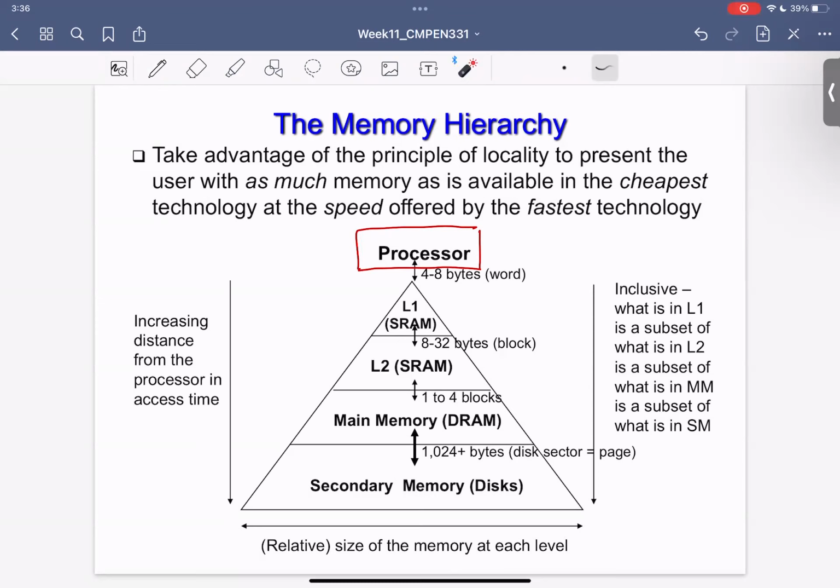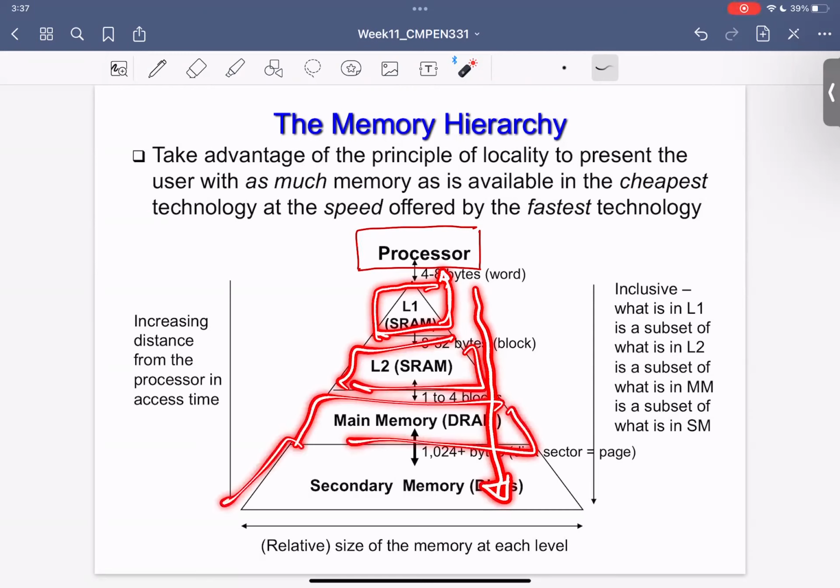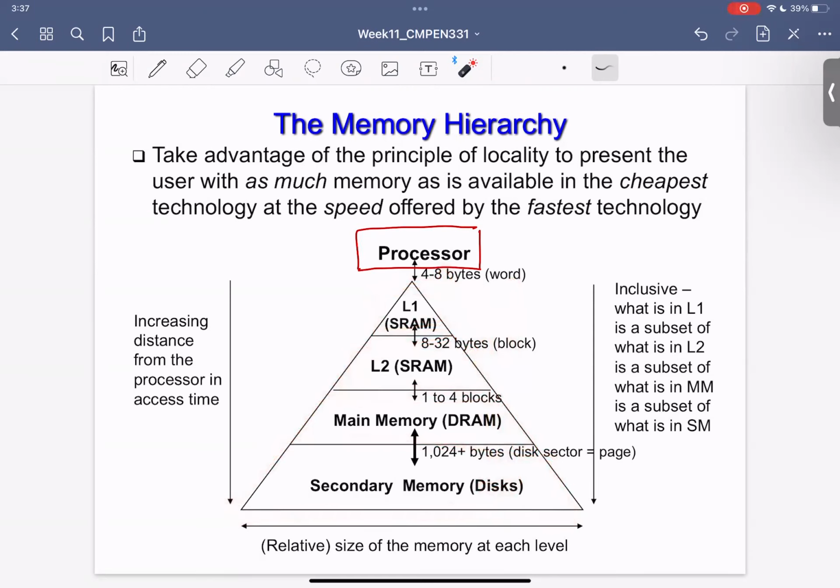What is mentioned in that hierarchy is: please allocate close to the processor the memory that is fast with lower size. While you are going away from the processor, the memory size will increase, but unfortunately the access time will also increase. This one will be very fast in transferring the data to the processor, but unfortunately I have a very low amount of data.